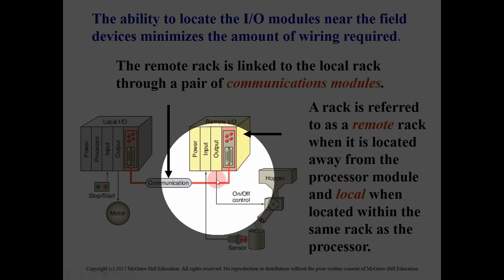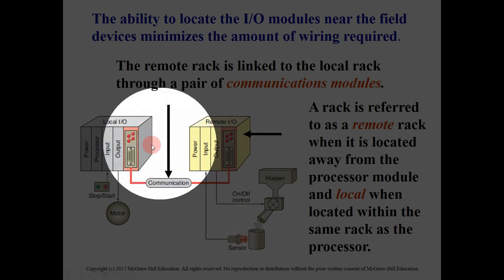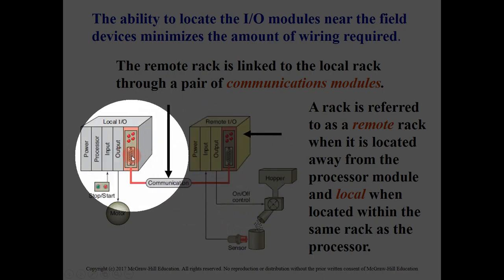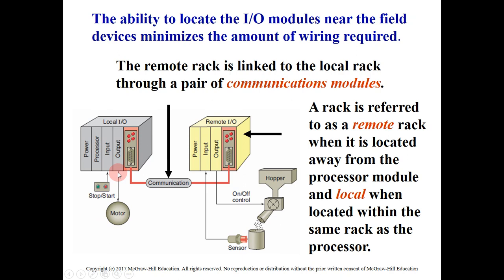The communication modules are used to send the signal or to connect the remote input output modules in the remote rack with the main rack, or the local PLC system that includes the PLC, the microprocessor unit, or the processor unit.